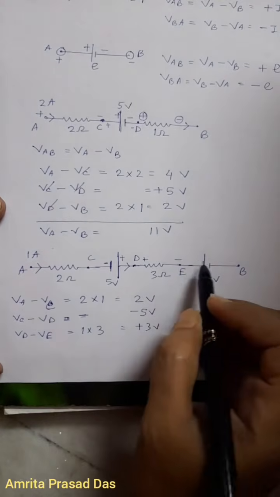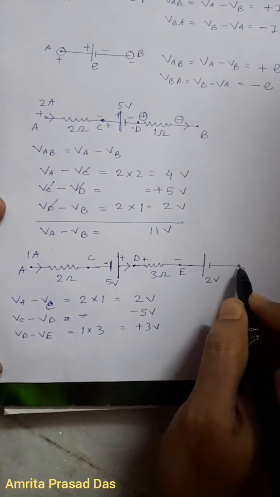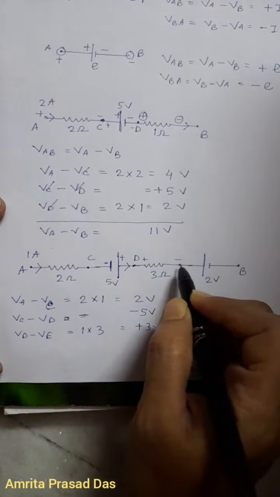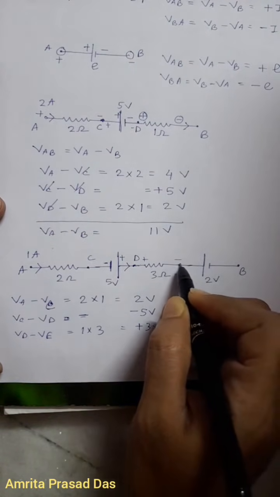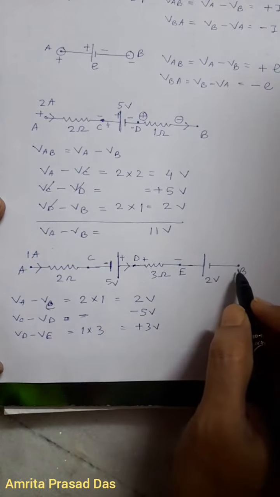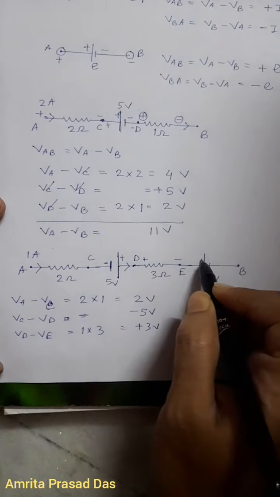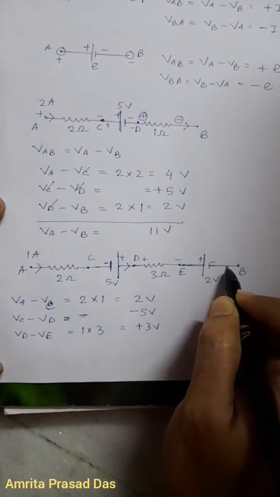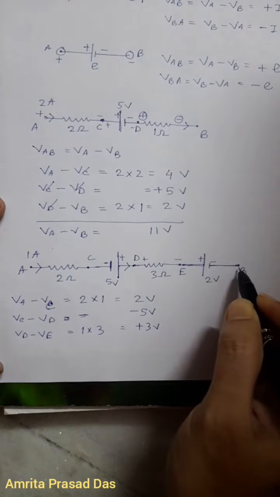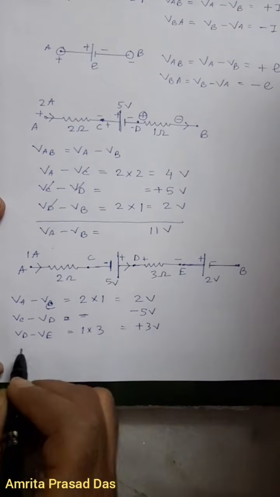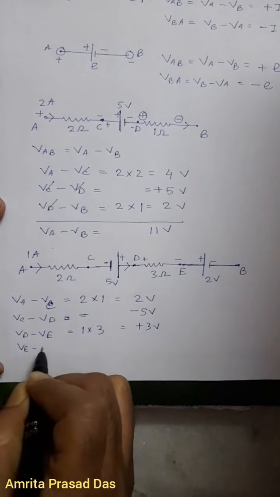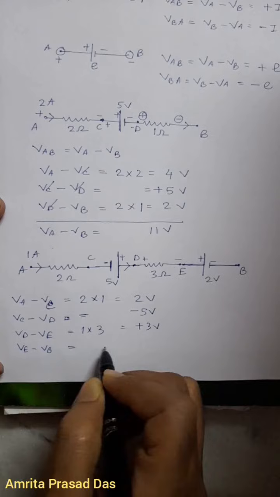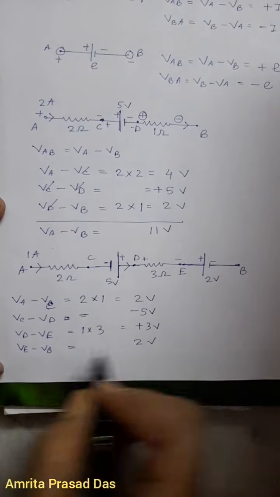And lastly, if we compare between these 2 points E and B, obviously E is at high potential with respect to B, because positive of the cell is connected to E and negative of the cell is connected to B. Therefore, with respect to B, E is at high potential. Therefore, Ve minus Vb, this is 2 volt.